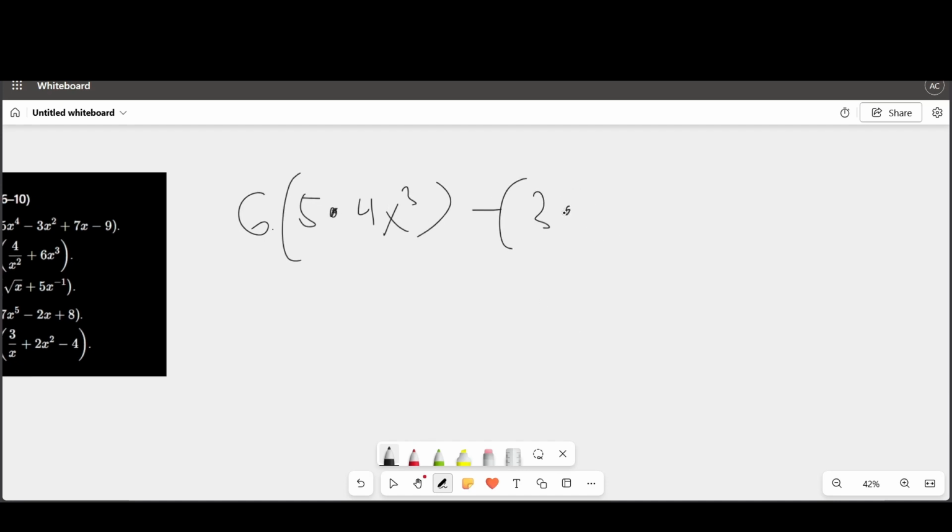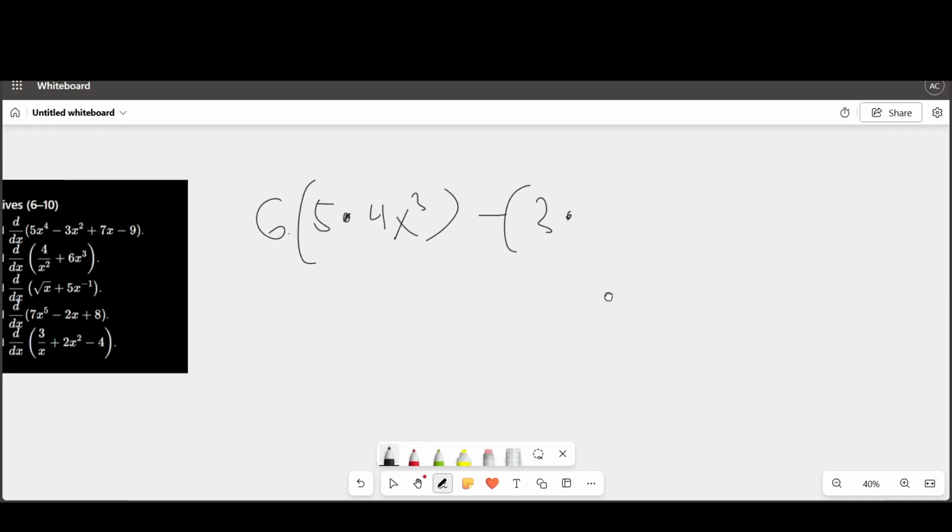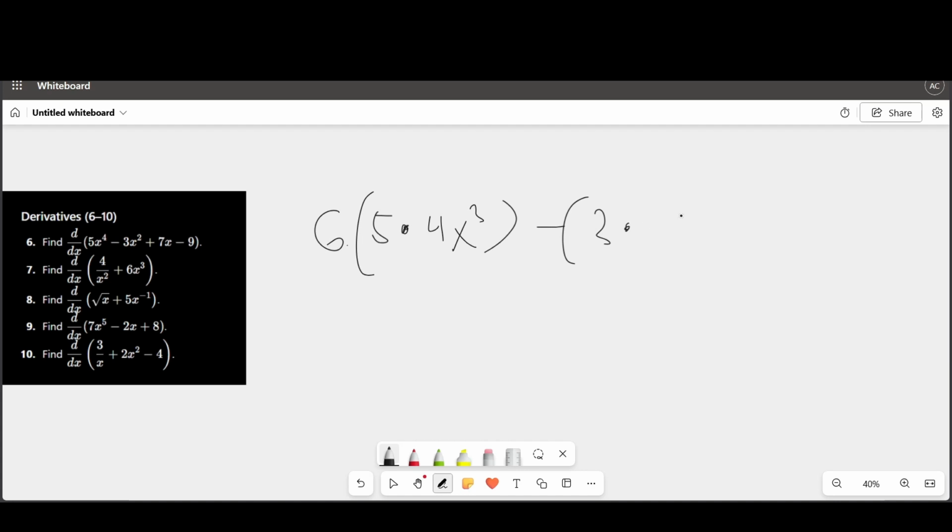I'm just going to use a little dot here for the multiplication because there's a lot of multiplication happening. Just not to make it more confusing than it already is. So yeah, just going to use the power rule here. 3 times 2x.